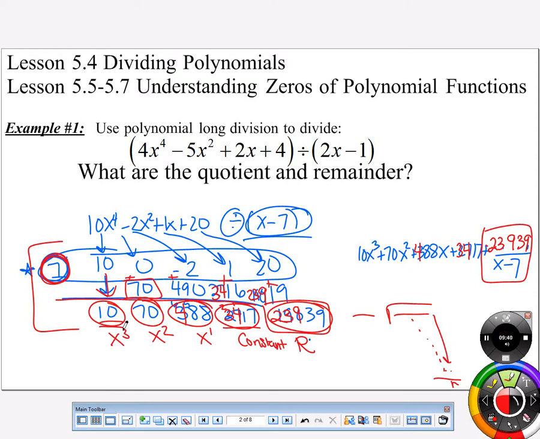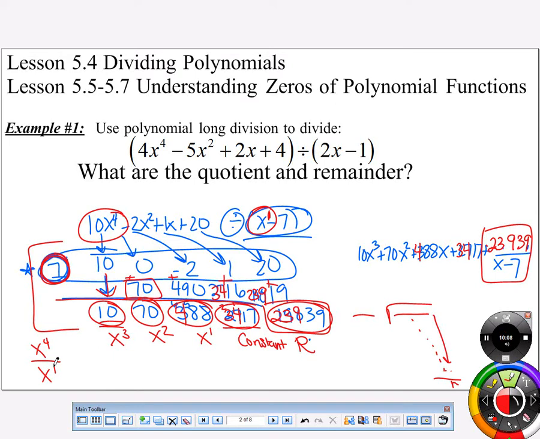The other way to look at it is just think about it logically with math. You were taking something that was to the 4th degree, and you were dividing it by something that was to the 1st degree. Think about maybe the simplest form of that kind of division problem. Something to the 4th degree divided by something to the 1st degree, the answer would be to the 3rd degree because one of these degrees is going to get canceled out with this.